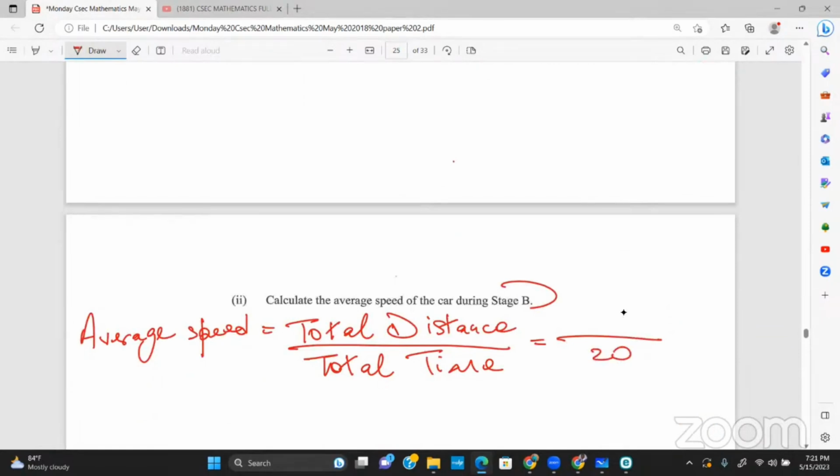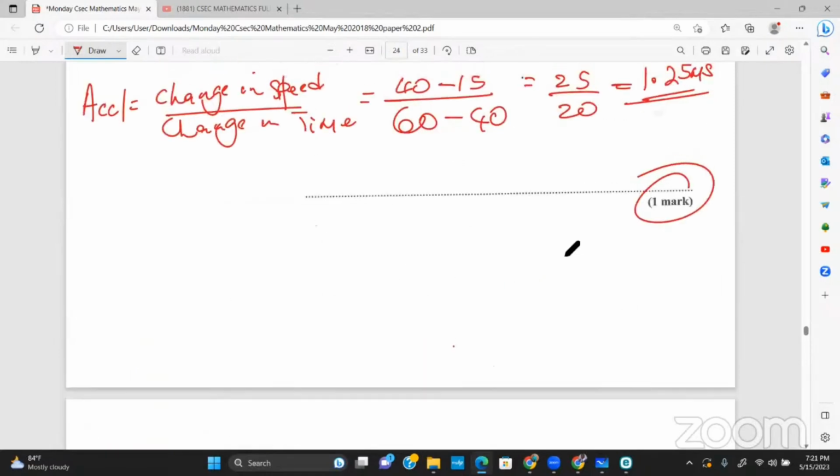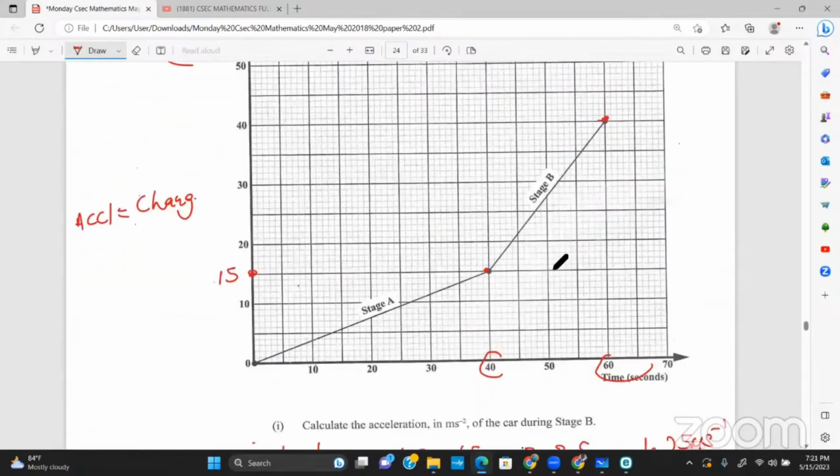But to find the distance, it's going to be area under the curve, area of the shape. Let's look at the shape for B. Here's the shape for B. That's the shape for B. The shape for B is a trapezium.